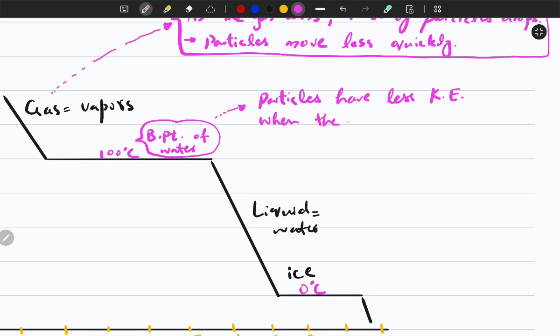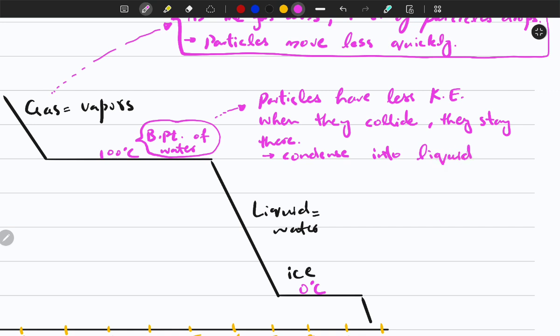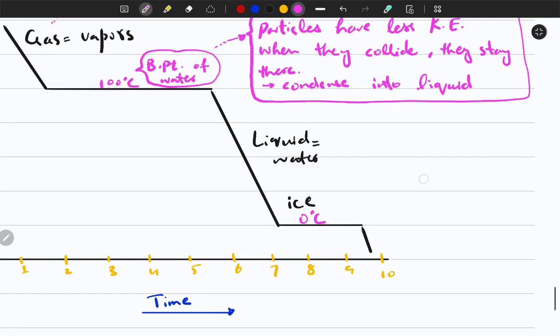When particles collide, they stay there, and they form some kind of attractive force, okay? So at this point, they would condense into liquid. Instead of moving away, they would try to stay close to each other, right?